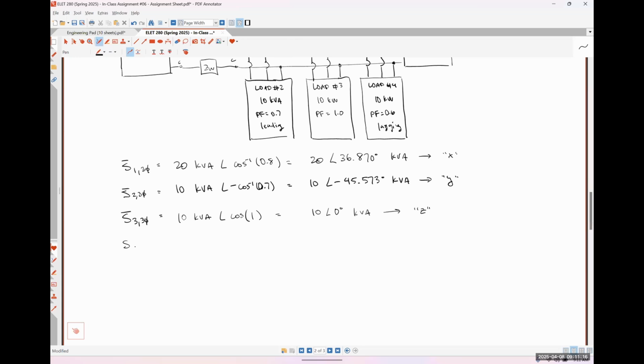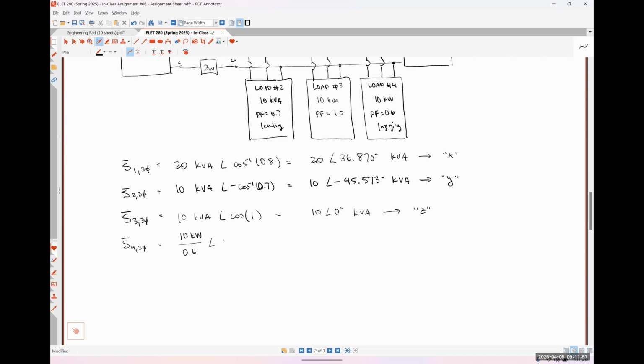So Ricky, how about you tell me what's going on with load number 4 if you can? Right. So how do I get the apparent power from that? Whenever I'm given average power, that's the case where I have to divide by the power factor in order to convert it into apparent power, right? So 10 kilowatts divided by my power factor of 0.6.